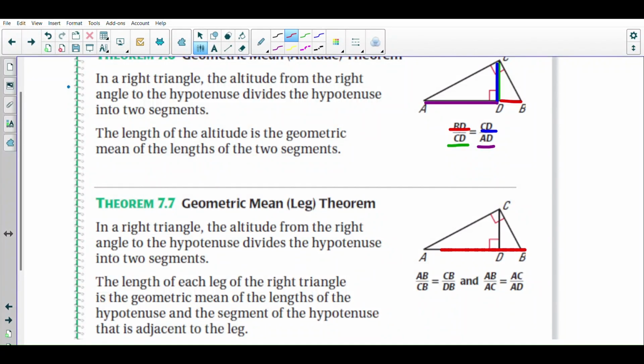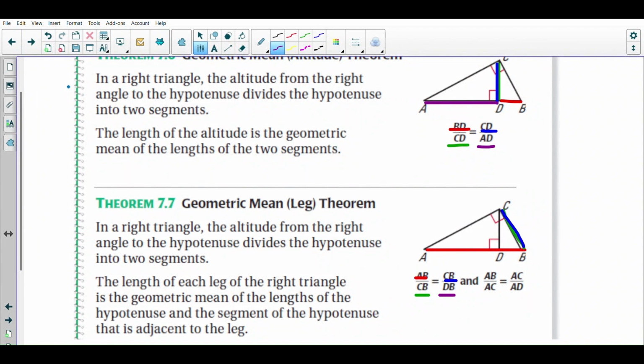So AB over CB is equal to, and then I'm going to trail back, CB over DB.